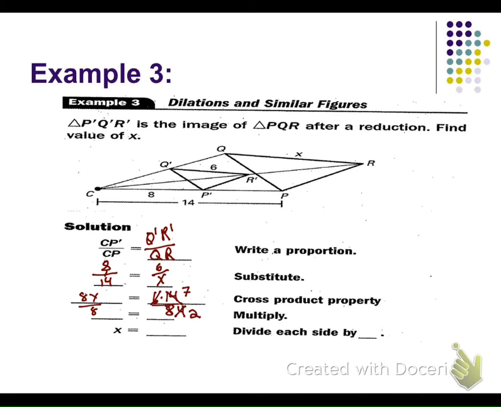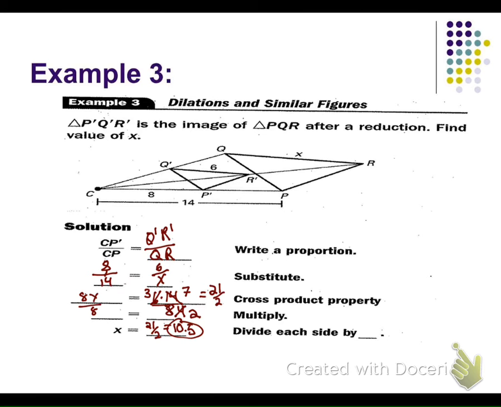And 2 goes into 6 how many times? 3. So 3 times 7 is 21 divided by 2. So you can either write x equals 21 divided by 2, or you can do the decimal answer. What is 21 divided by 2? 10.5.